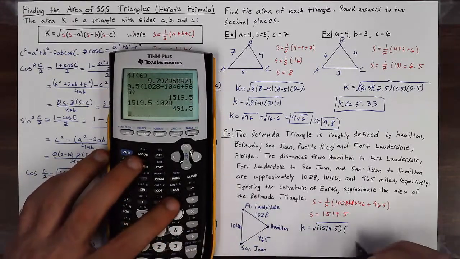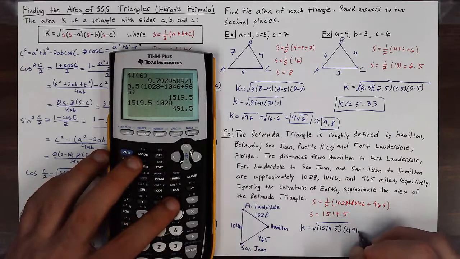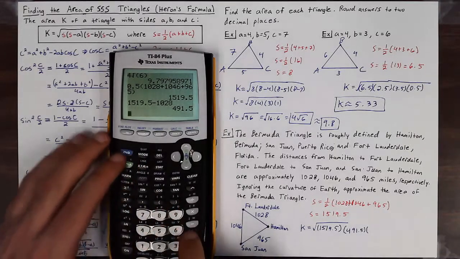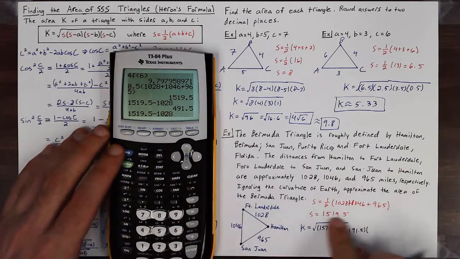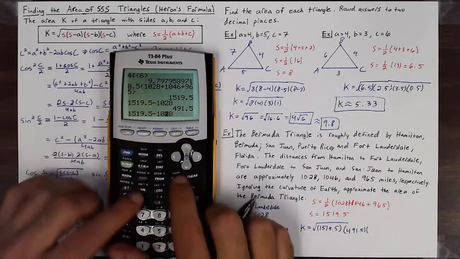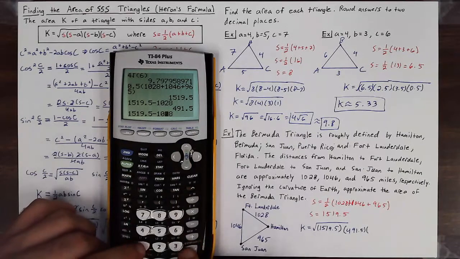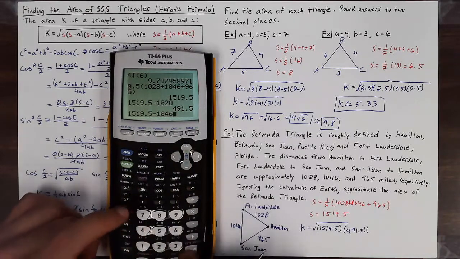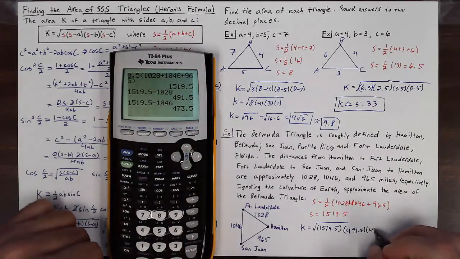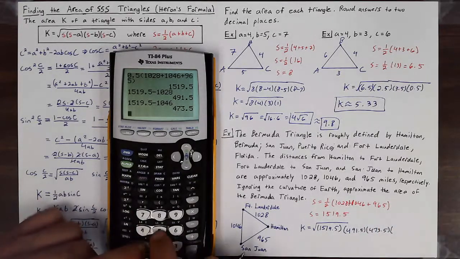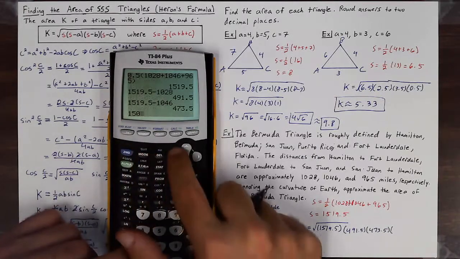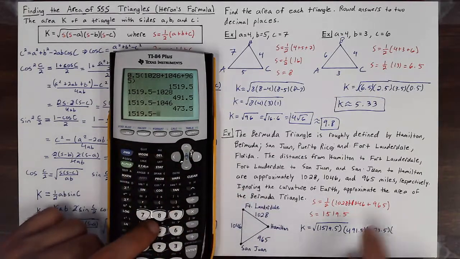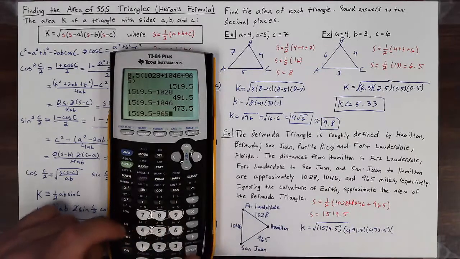So 491.5, and then S minus B, which would be that 1,519.5 minus 1,046, which is 473.5, times 1,519.5 minus 965.